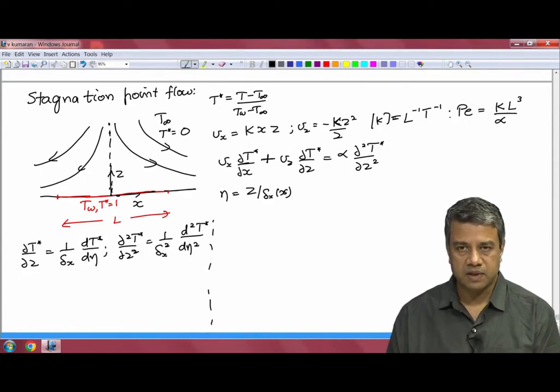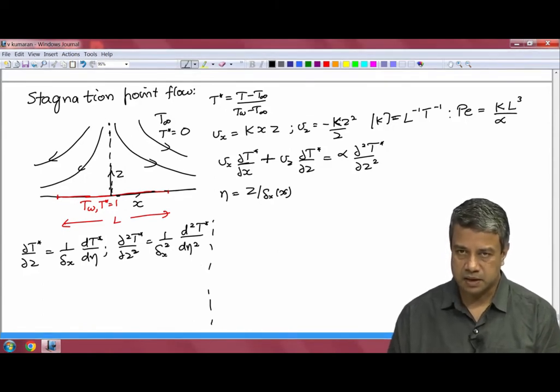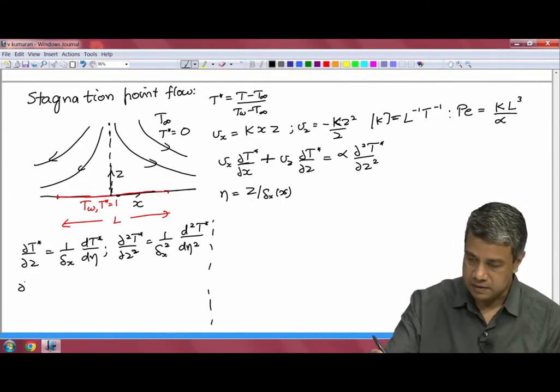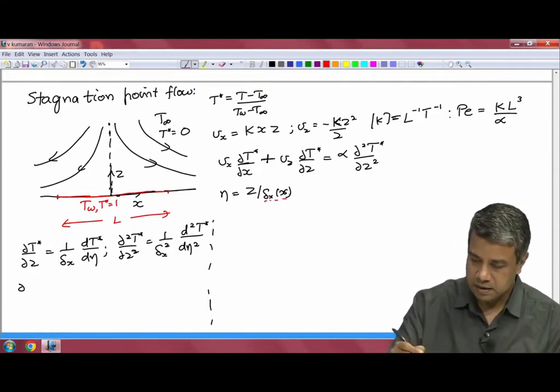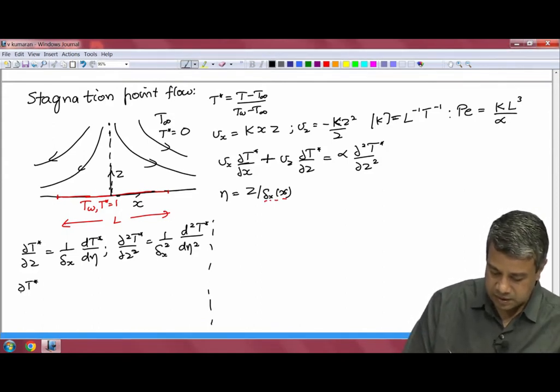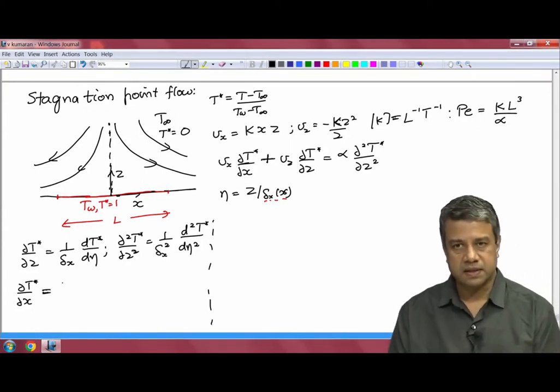The derivative with respect to x was obtained by chain rule for differentiation, because delta is a function of x here. So, you can use that with chain rule for differentiation to determine the x derivative. I will just write the final result.